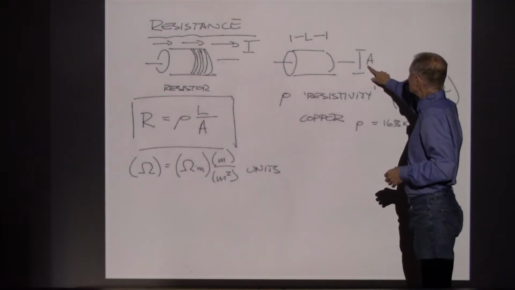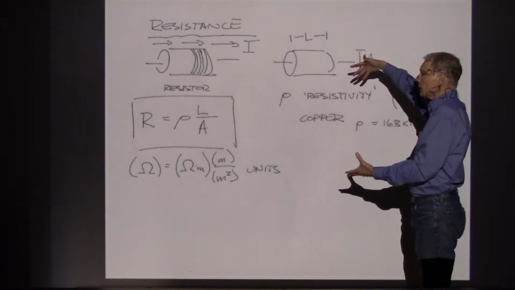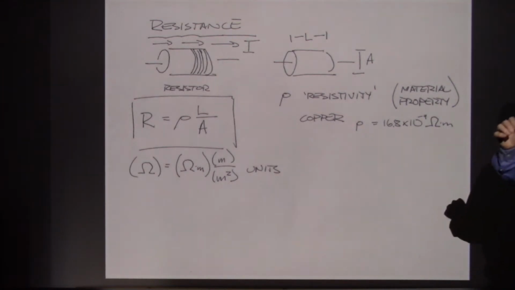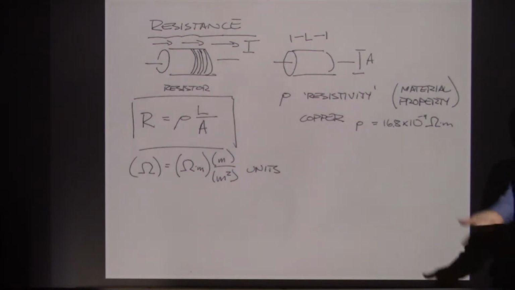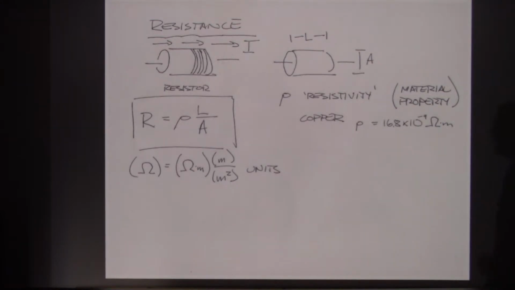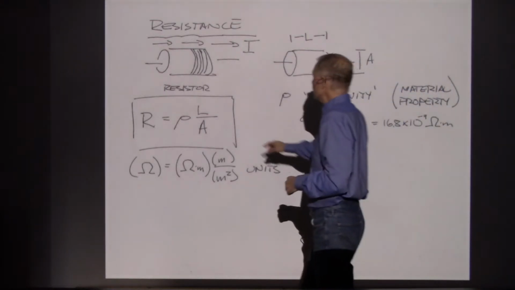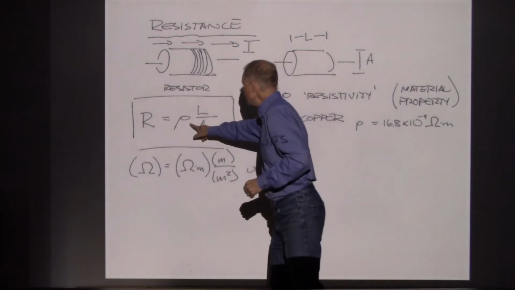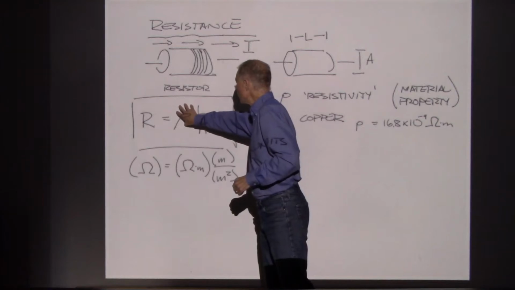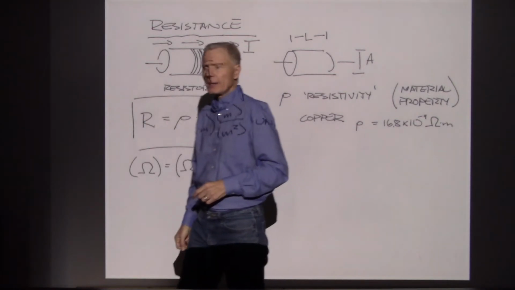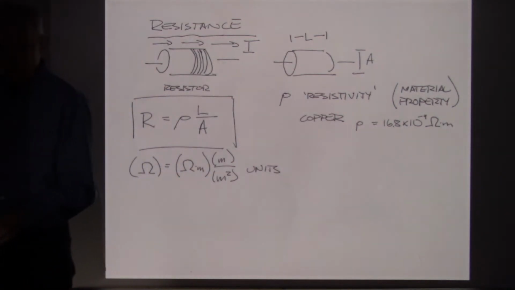If it has twice as much cross-sectional area, then that frees up the electrons to travel not as fast through the resistor. There's more lanes available, and so the electrons are more easily able to get through, and that reduces the overall resistance. So it's a fairly simple relationship. It's what the material is times the length of the resistor divided by the cross-sectional area.